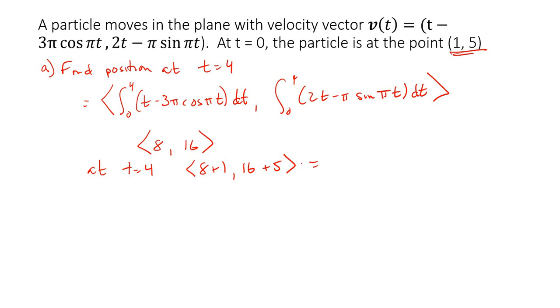So at t equals 4, go back to my parentheses, because I'm evaluating at a particular point, we have 9, 21. So that's the position that my particle is at after covering this distance along a vector 8, 16.